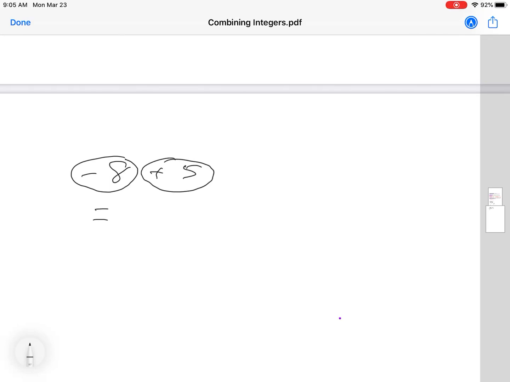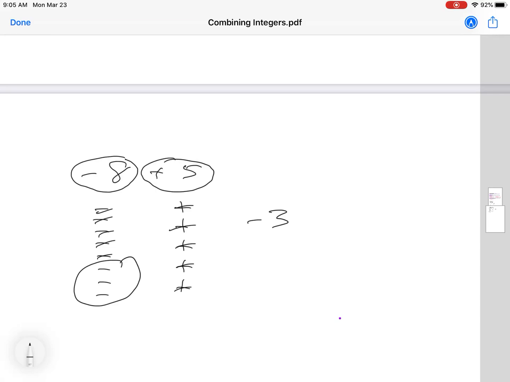So I have 8 negatives. And I have 5 positives. Well, if you look at these, they cancel each other out, leaving me with 3 negatives.